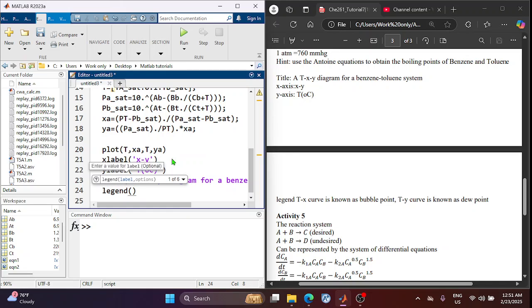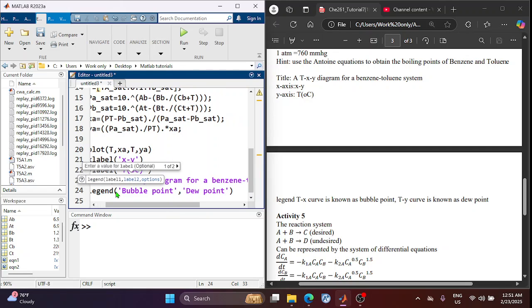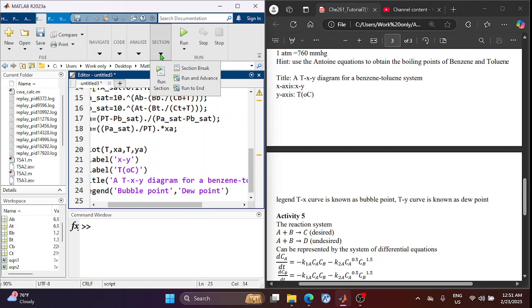For the legend, I'll type the first thing. The TXY curve is called the bubble points curve. So I plotted TXY first, so I can type bubble points. TXY is going to be bubble points, and then the other one, the TY curve, is going to be dew points.